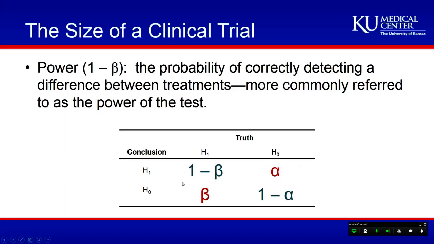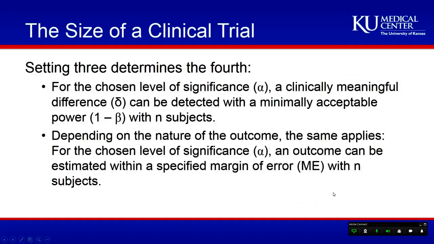We design our study in a way that if our scientific hypothesis is true, we are very likely to find it. But if our scientific hypothesis is not true, we are less likely to flag it as real if it's not actually there. So we usually control alpha and 1 minus beta in our power calculation.